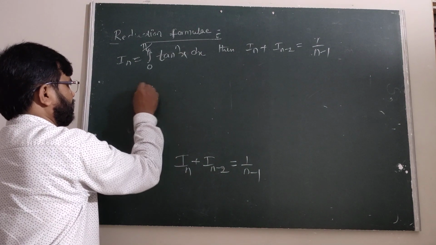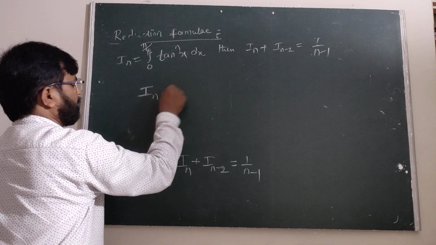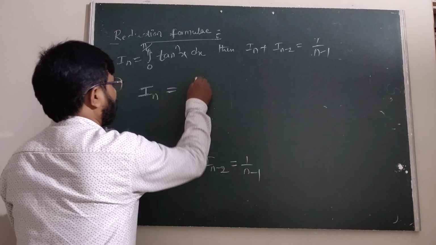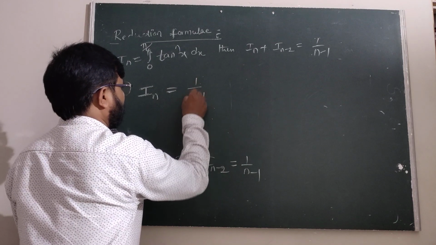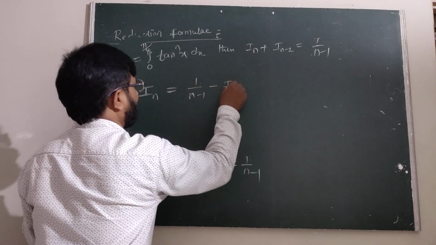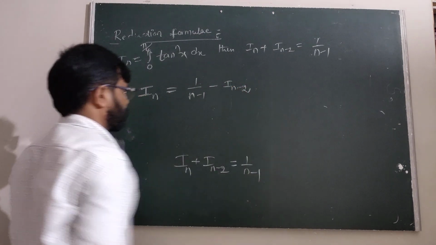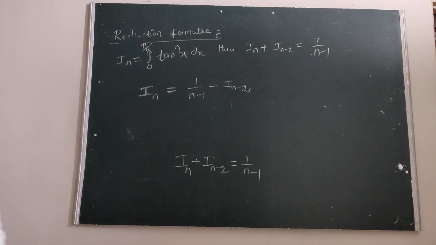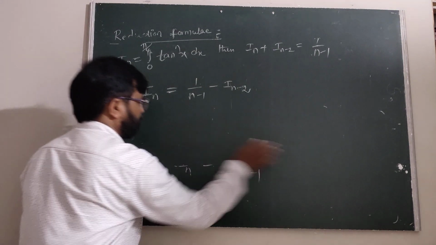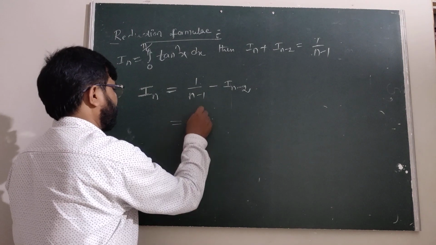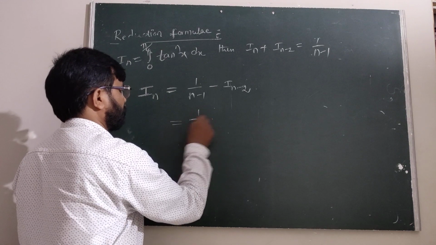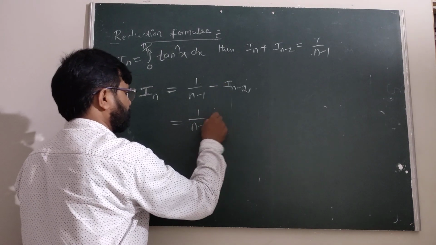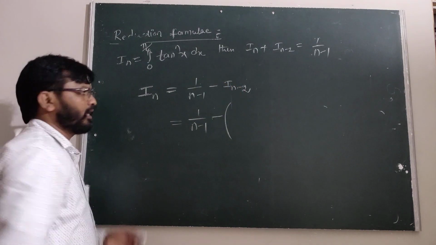I_n can be written as 1 by n minus 1 minus I_(n-2). Okay. Therefore, now we can write this as 1 upon n minus 1 minus of I_(n-2).